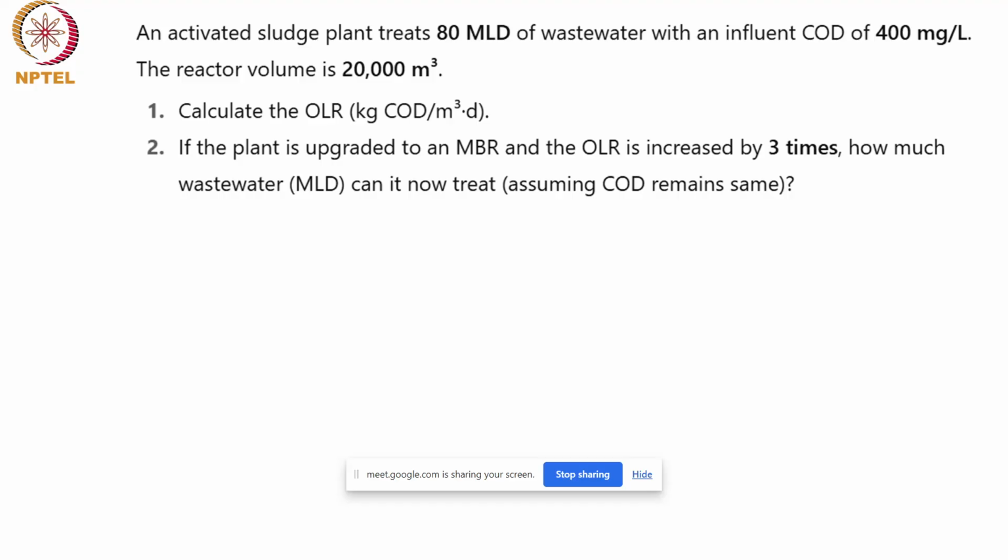Second, we have to find the new Q after upgrading to OLR equal to 3 times the initial OLR. Okay, so let's go to the solution.